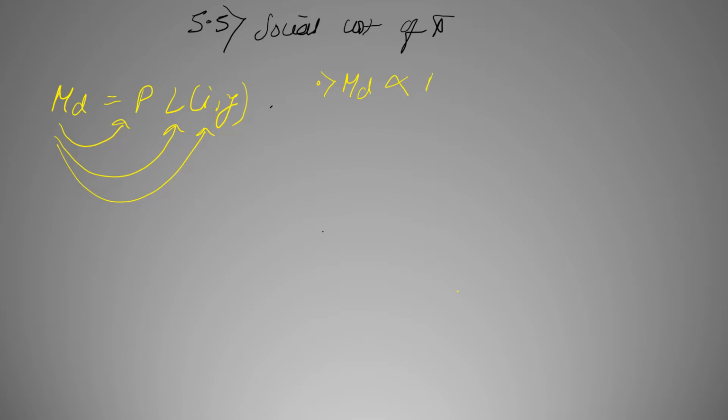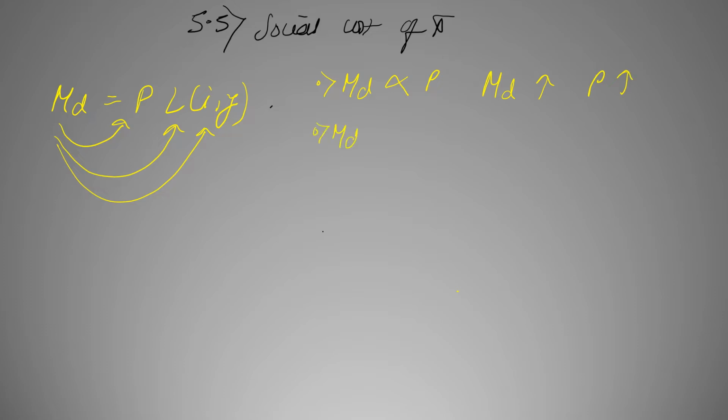Before starting, let us summarize what we learned in the previous video, which is MD = P L(I, Y), where we have seen the relationship of all these. We can conclude that MD is directly related to P, which means if money demand has increased, then prices will also increase.